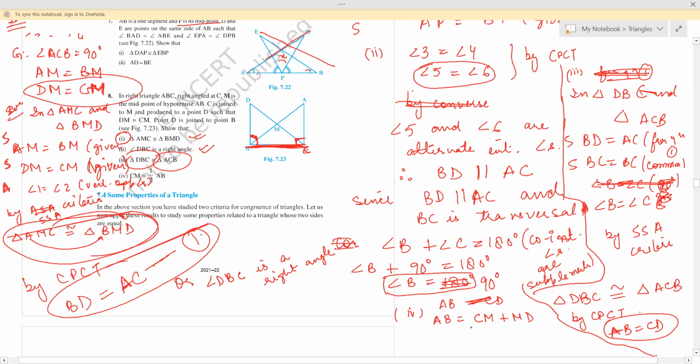So can I write CM plus CM, because CM is equal to DM, which is given. So I get 2 CM. Just bring this 2 here. So you get AB is equal to 2 CM, or I can write CM is equal to half of AB. This was part 4. Okay, done.